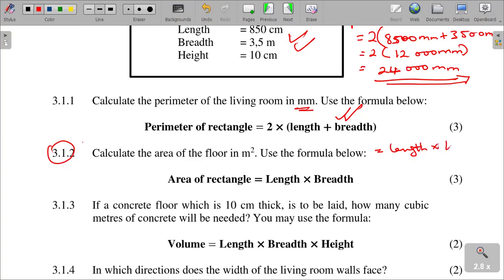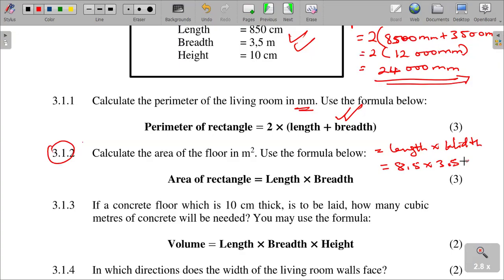Length times width. So we are saying the area is equals to 8.5 times 3.5.